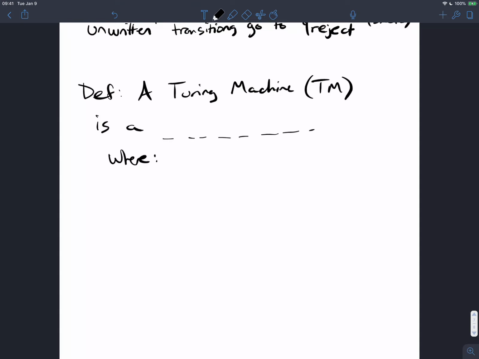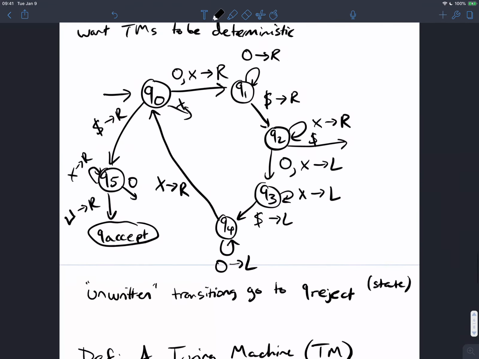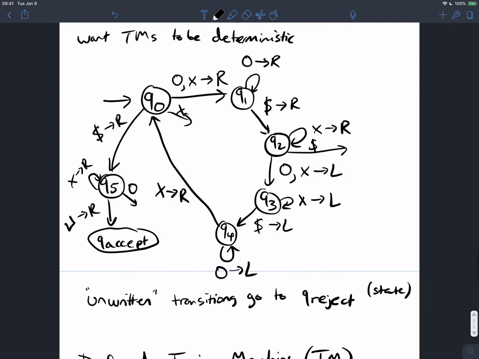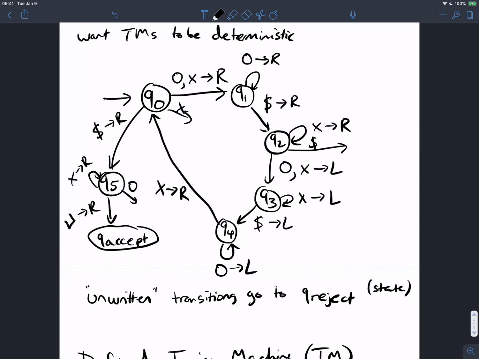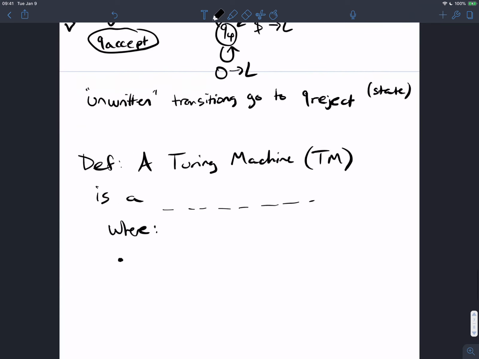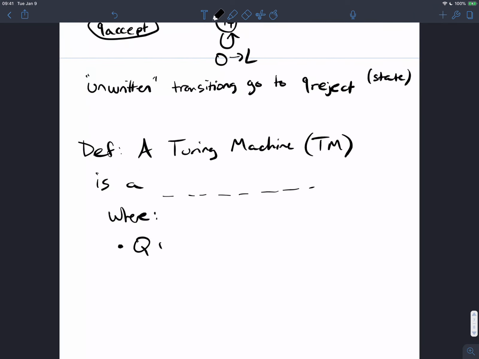So think of the things that we need to be able to specify. What is the thing that's most evident in the picture that we had here? States, right? So we need a finite set of states because we had this finite control. So Q is a finite set of states.